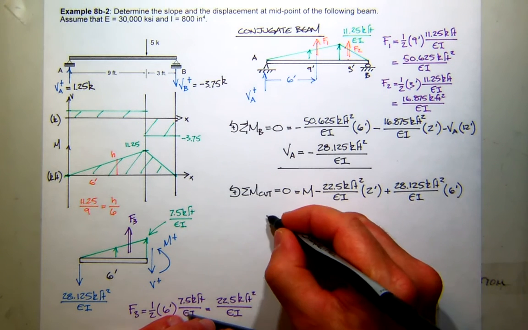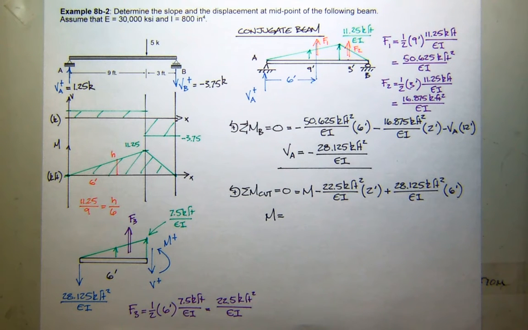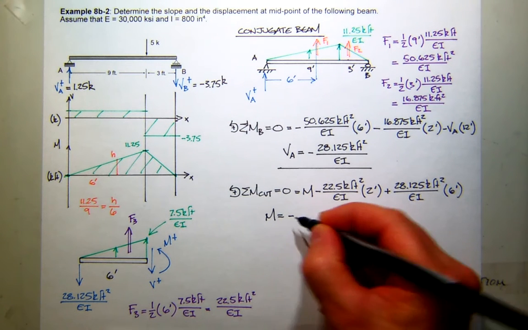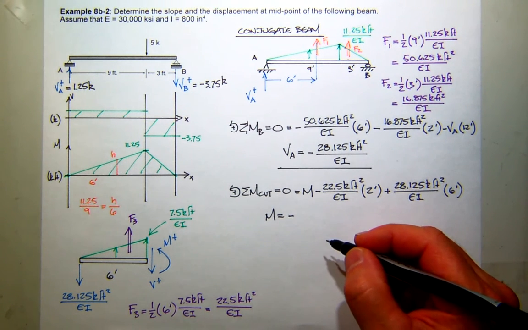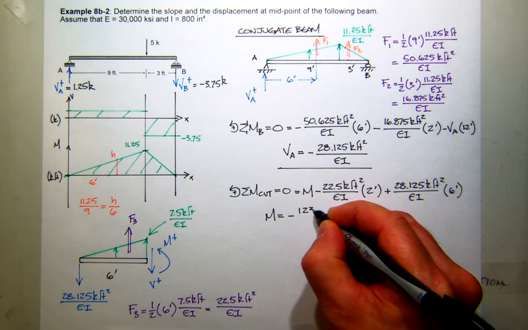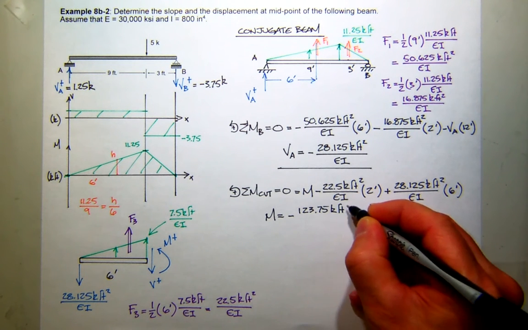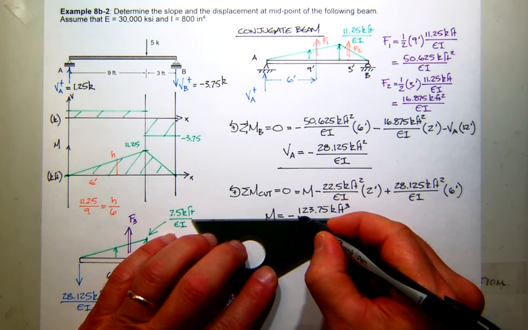So you should be able to solve for the moment. Negative 123.75. Does anybody else get that? Yes, and that should be kip feet cubed over EI.